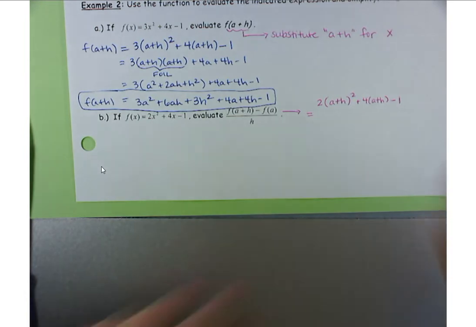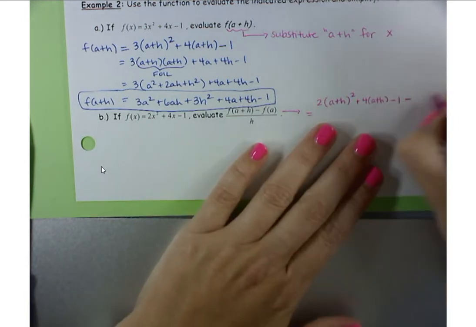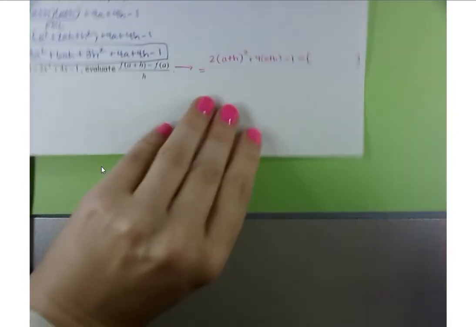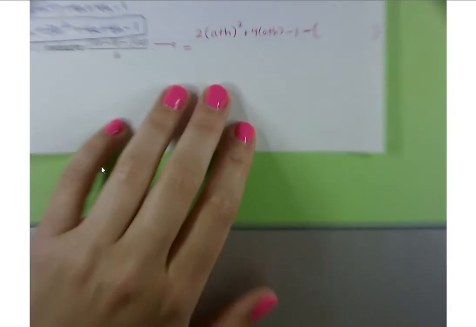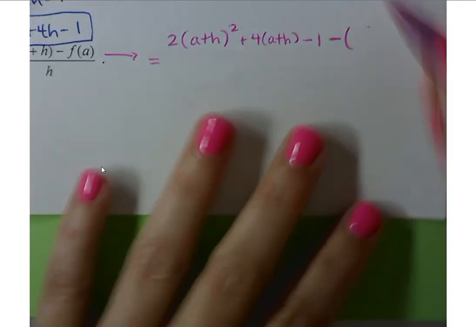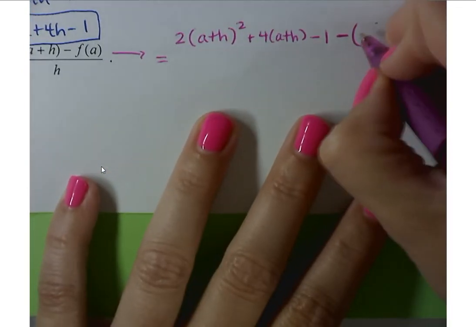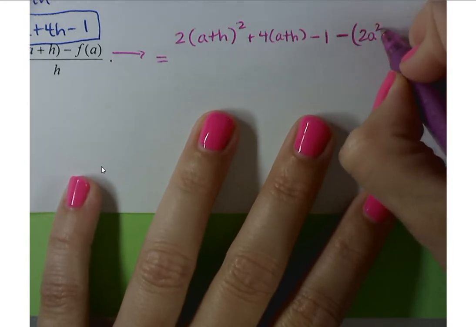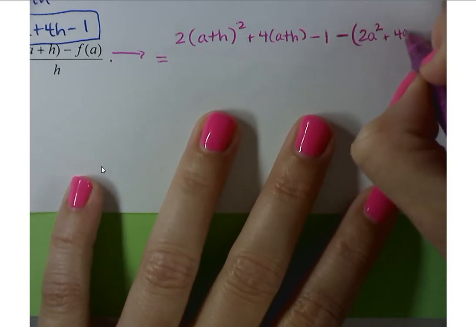Well, if I have f of a, first I have a minus, so I'm going to make my parentheses so I don't forget. I'm going to have to distribute. And if I have f of a, I'm just going to have f of x, but instead of x, what am I going to have? I'm going to have a. So I'm going to have 2a squared plus 4a minus 1.